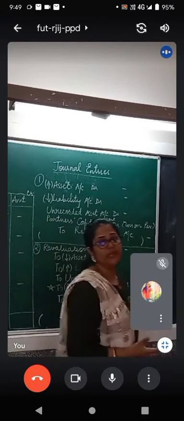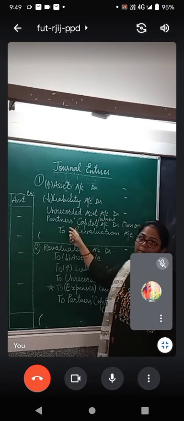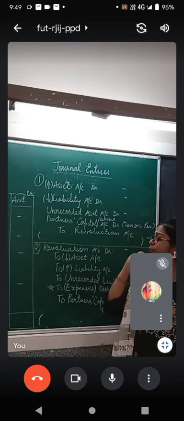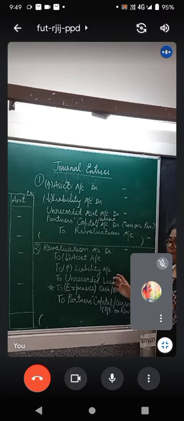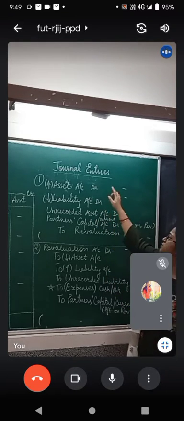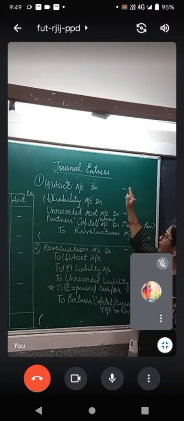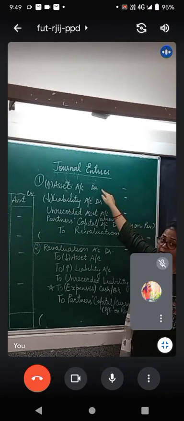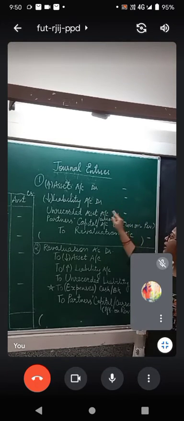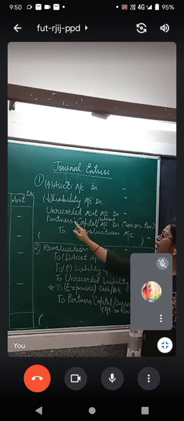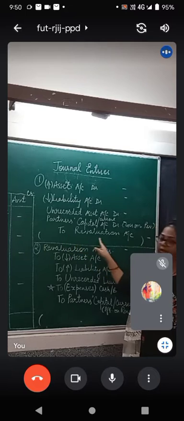You have to make a revaluation account even when you have to do the journal entries. So you will also know this balancing figure, which is the profit or loss, which is the loss in this case, transferred to partners' capital accounts. So what you are going to do is: any increase in the value of asset, debit; any decrease in the value of liability, debit; any unrecorded asset, debit; and the loss on revaluation, debit to revaluation account.